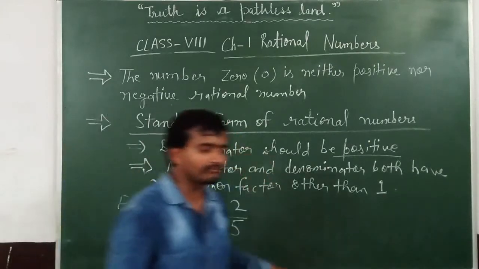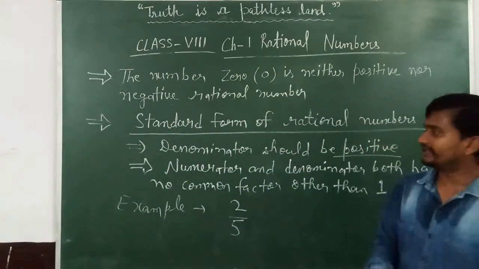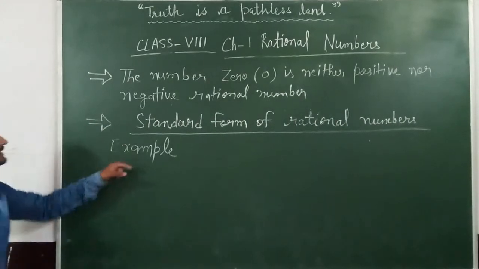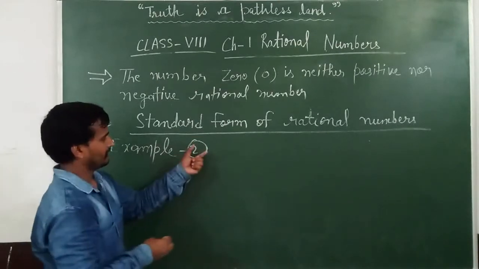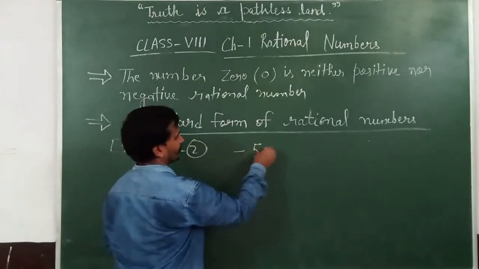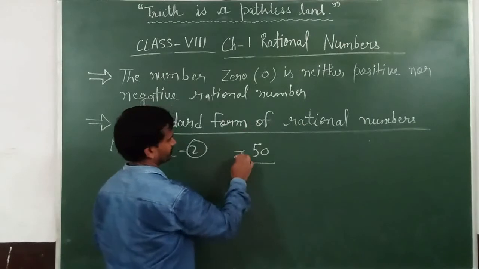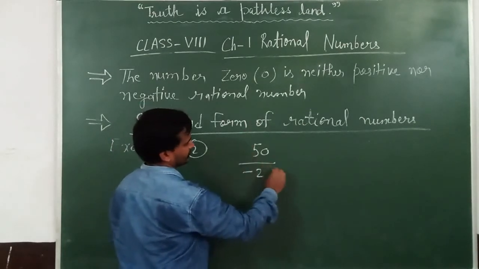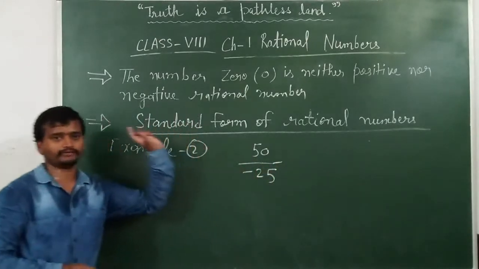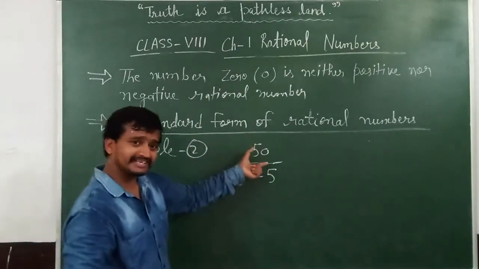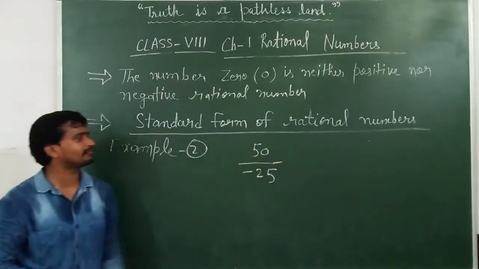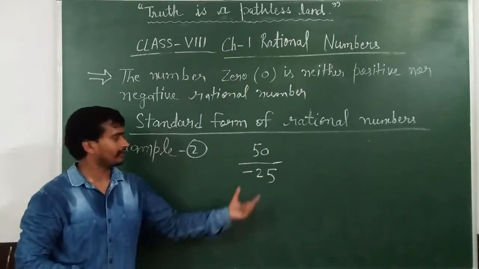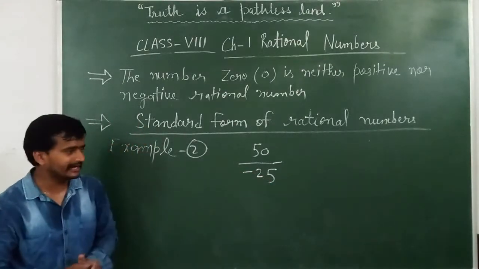If any rational number is not in standard form, then how can we convert it into the standard form? Example number 2. Minus 50 upon minus 25, we can write 50 upon minus 25. Now, is this a standard form? First of all, we check the conditions. Here, the denominator is negative.